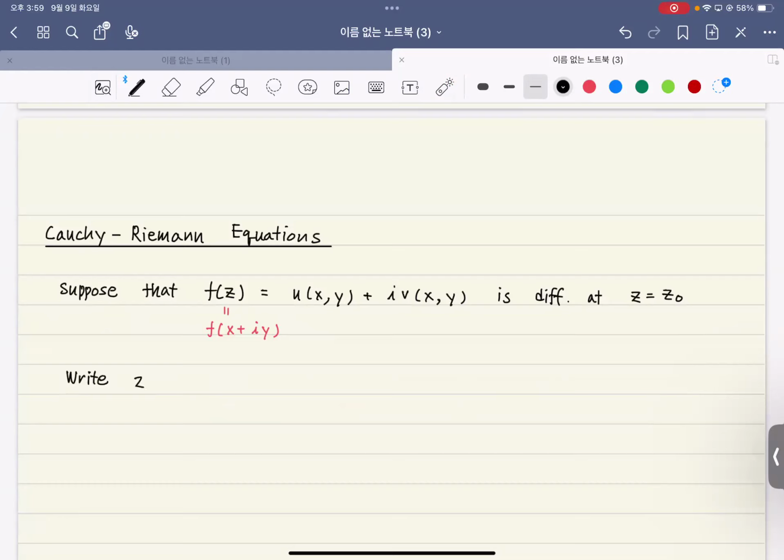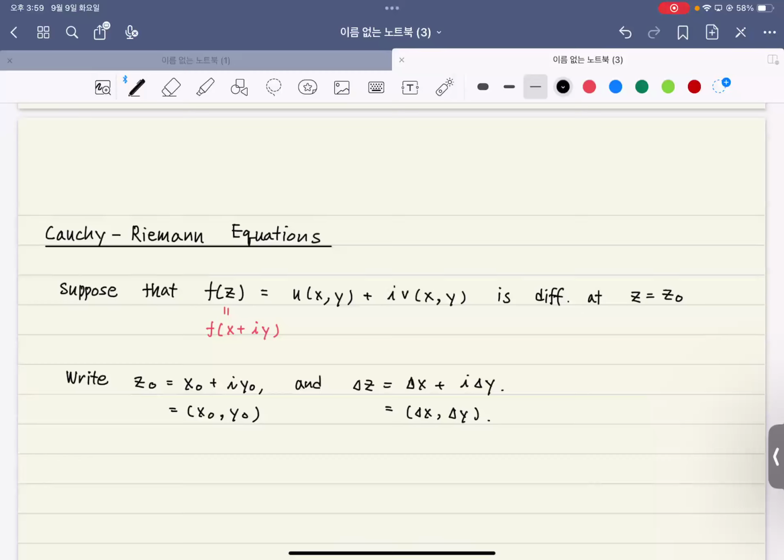I would say z0 has x and y coordinates, or real and imaginary parts, x0 and y0. And delta of z is delta of x plus I times delta of y. Or sometimes I would just say x0 and y0, and sometimes I would say delta of x comma delta of y.